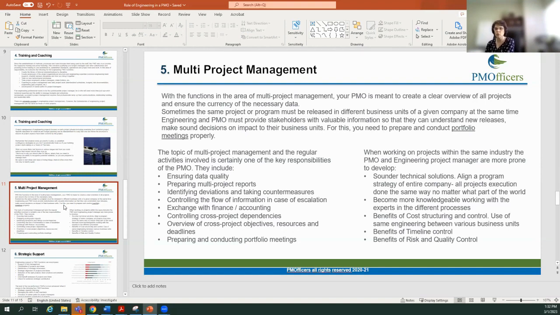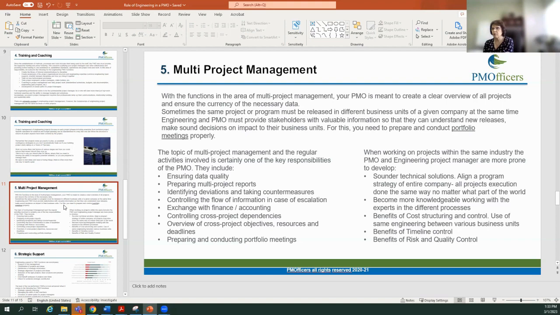So good coordination from the PMO office and from a structured engineering function would be very, very important to ensure the standardization, to ensure the same solutions in every part of the business.